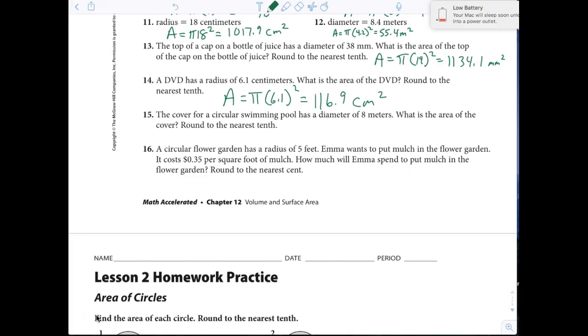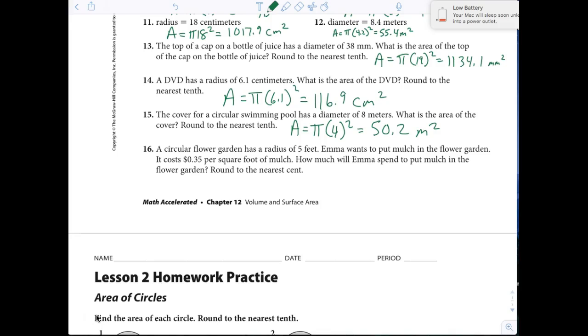It's 8 meters, that means the radius is 4. Good. I got 15.2. Yep. So that would be 50.2 meters squared.